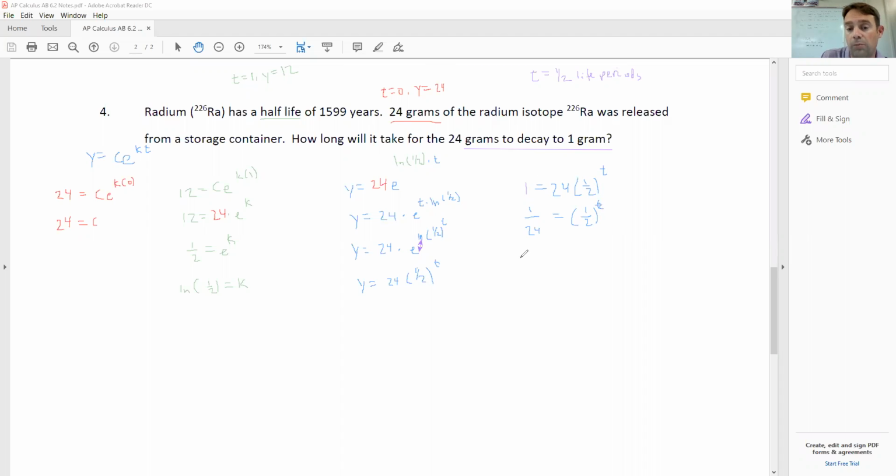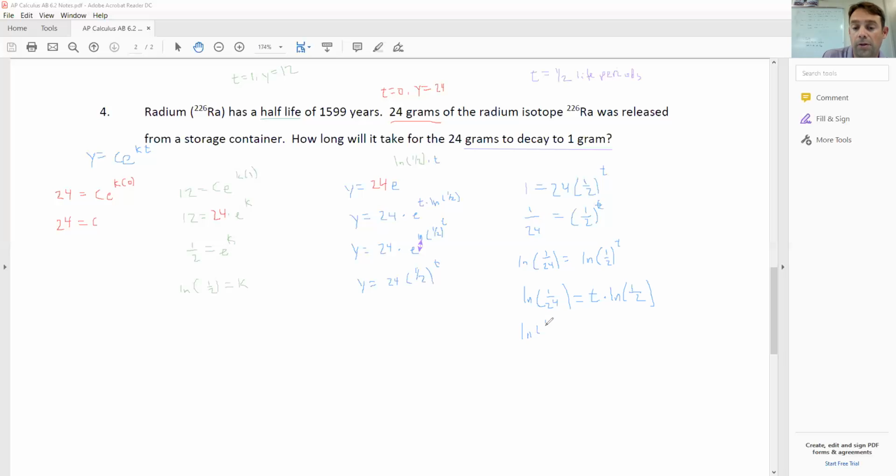I'm going to natural log both sides. And I'm going to move that t in front of the natural log of 1/2. I'm going to divide by natural log of 1/2.